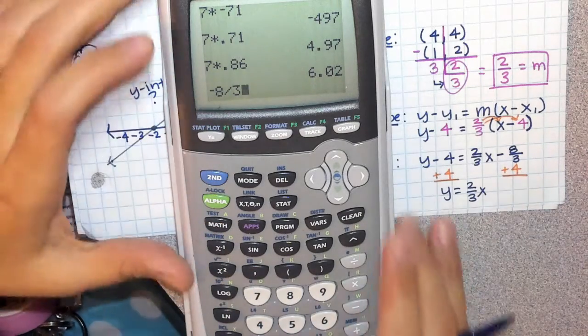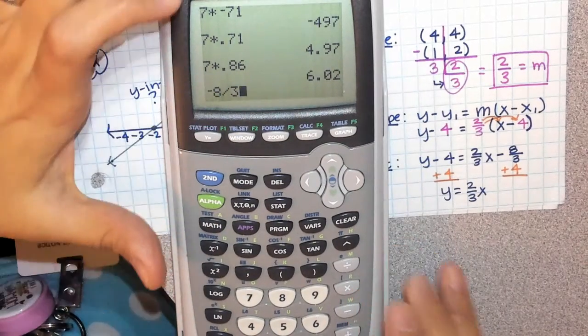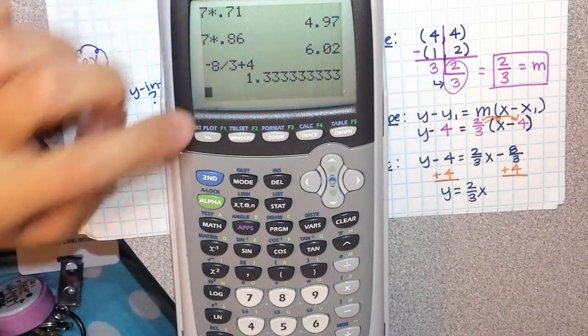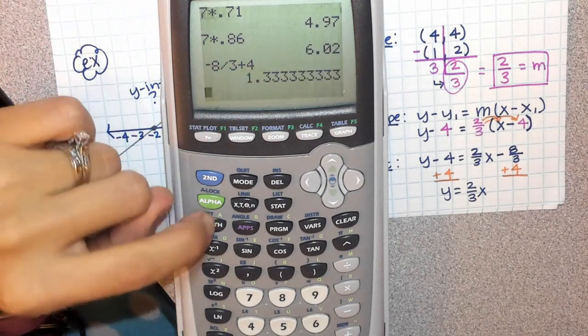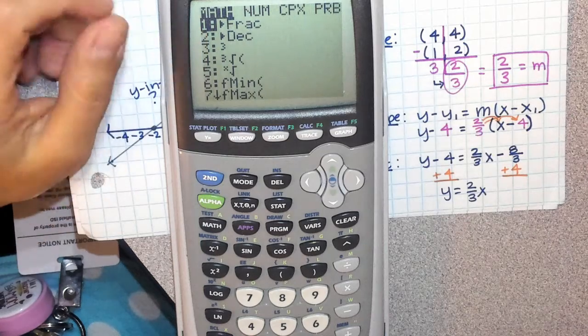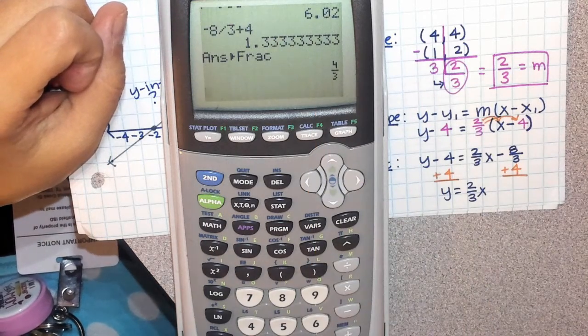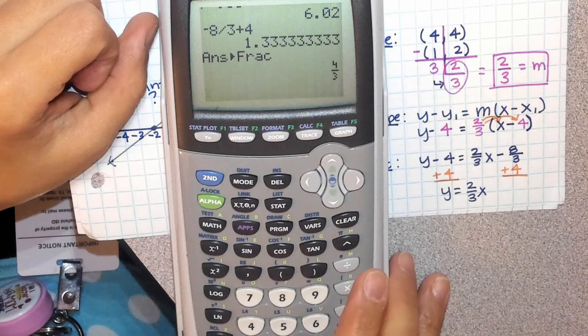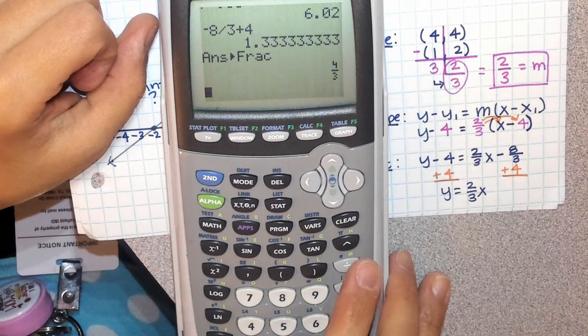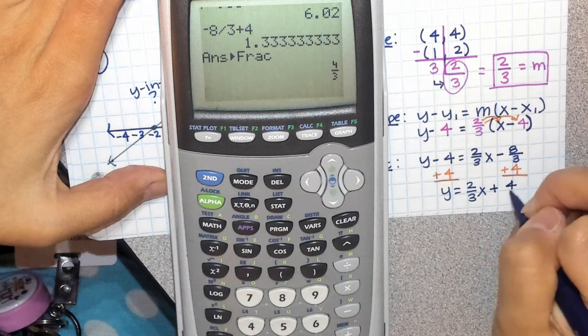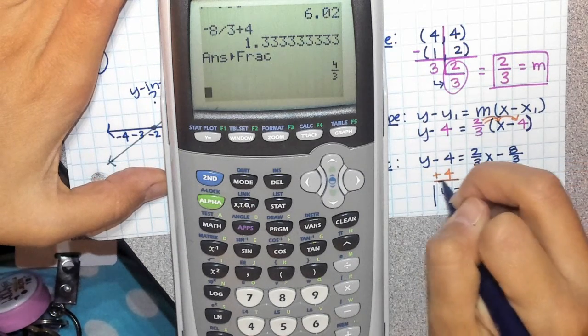I use the division sign for the fraction bar, plus 4. But I want to change that to a fraction. Math, fraction, which is number 1, enter, positive 4/3. So plus 4/3 is my answer.